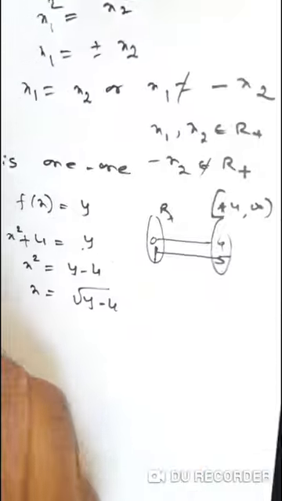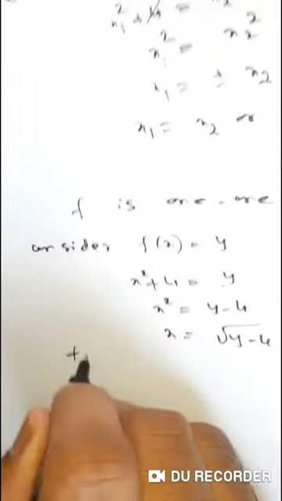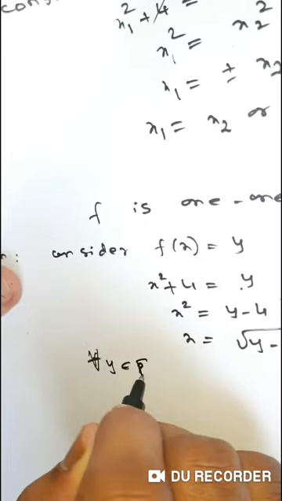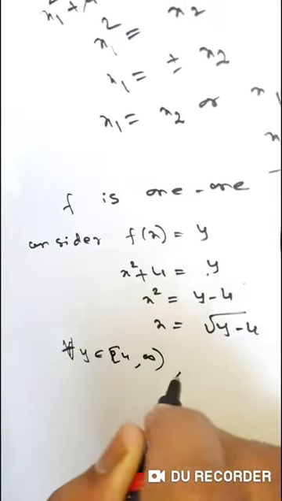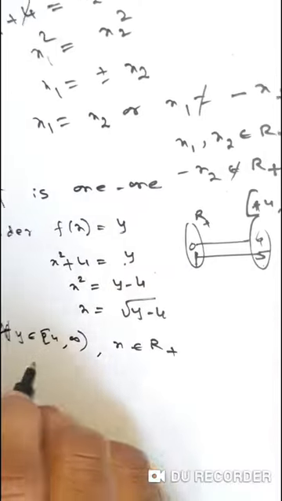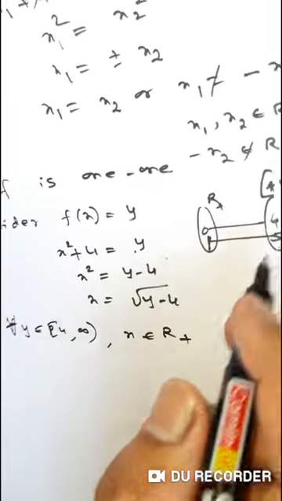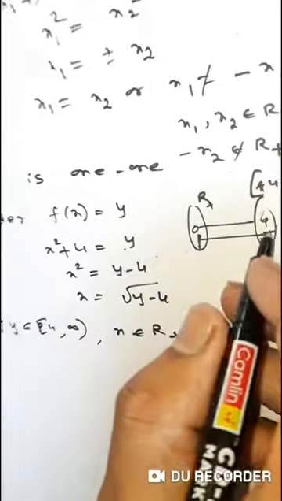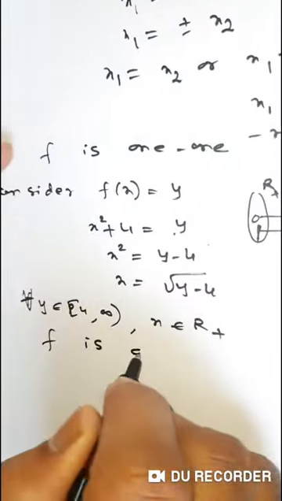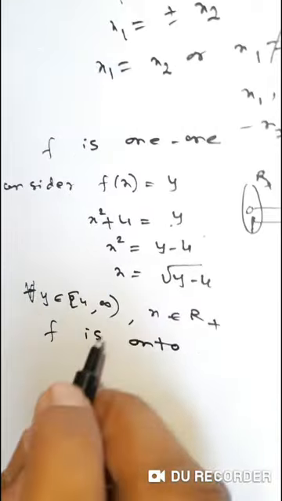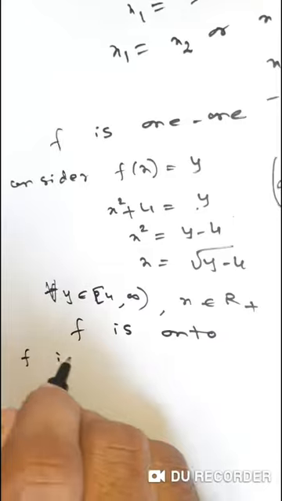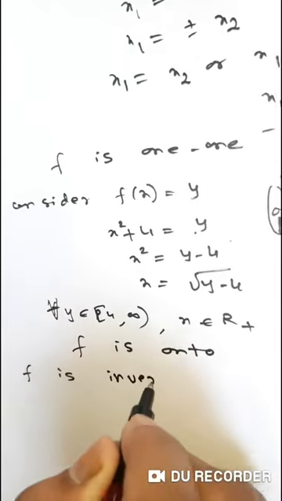So the function is onto. It means every output has an input, or every image has a pre-image. So again this function is both one-one and onto, so it is invertible.